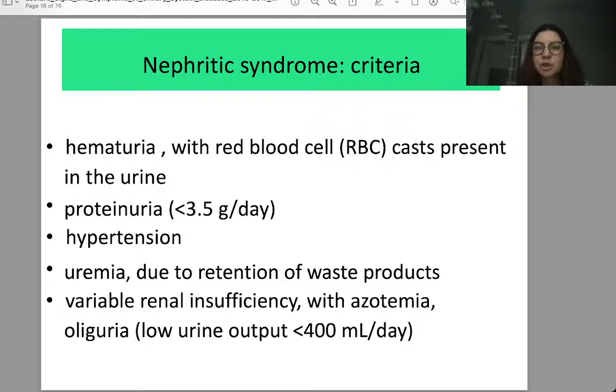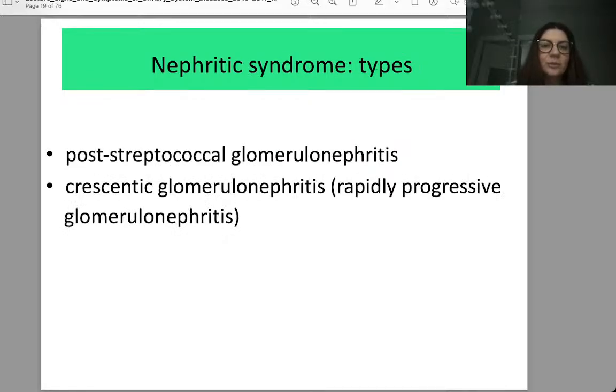The excretion of protein is less than 3.5 grams per day. Moreover, very typical for nephritic syndrome are hypertension, uremia due to retention of waste products, and variable renal insufficiency with azotemia and oliguria, with low urine output less than 400 milliliters per day.